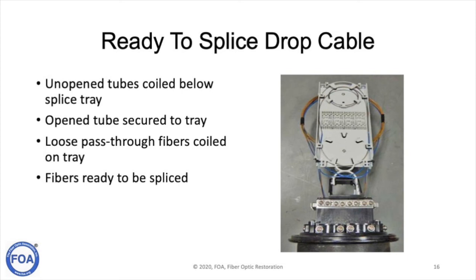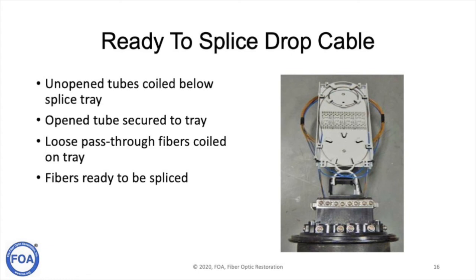If you're designing a network using midspan access for your drops, we advise you talk to the manufacturers of the cables and the splice closures you'll be using and get their advice on how to design the network efficiently.